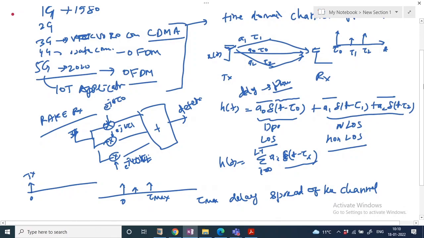Its meaning is that time dispersion happens. You send the pulse at 0, but it becomes non-zero over this duration. Then if you send a second pulse or second symbol, it will start from here. So overlap between these symbols can happen at the receiver due to the delay spread of the channel.